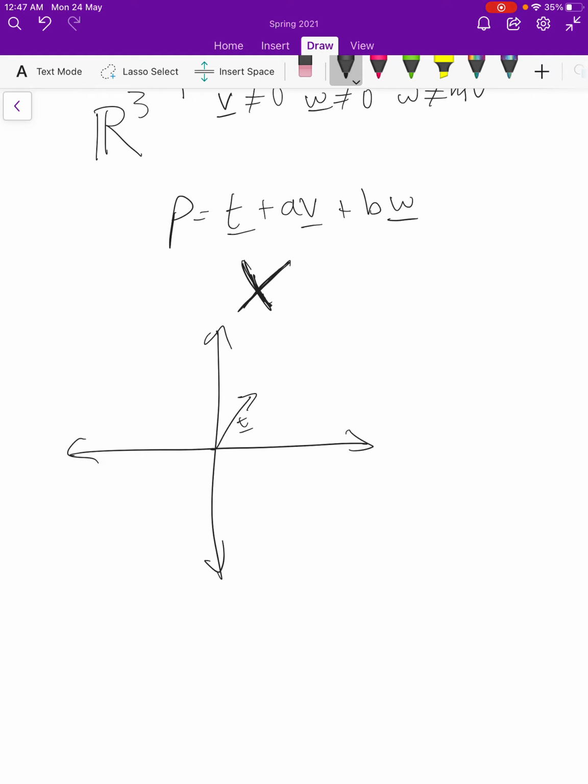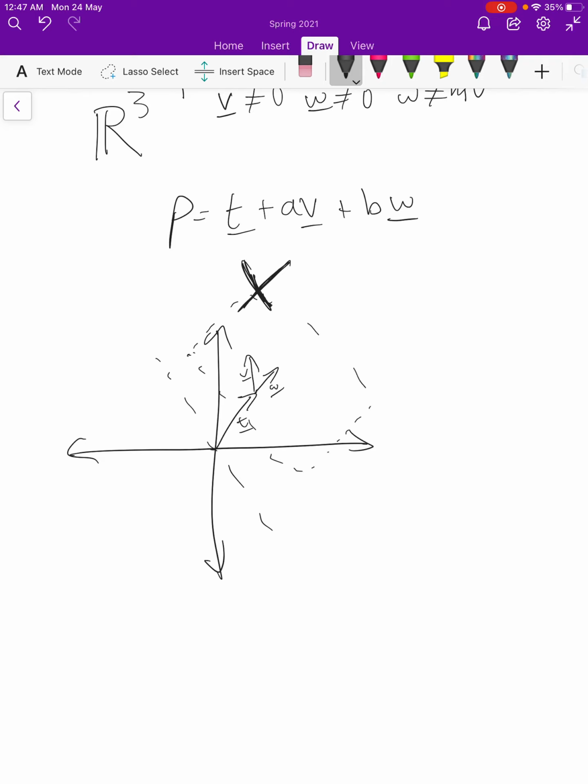Now, I don't think I need to mention this anymore. We can have our v and w as direction vectors. It might seem like my drawing is 2D, but I'm trying my best to make it look like a 3D diagram. And we're going to have a plane defined by this, right?